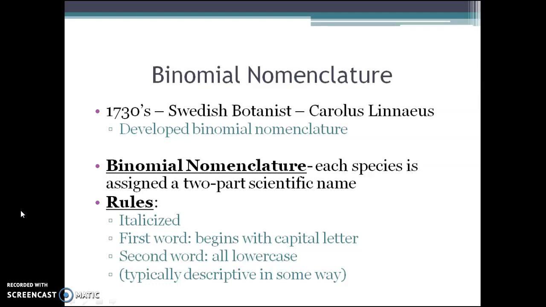And if you think about the bases here, bi means two. Okay, nomenclature, naming, and we have two parts to the name. So you may be familiar with some of the scientific names of living things like human beings, Homo sapiens. That's two words, right?